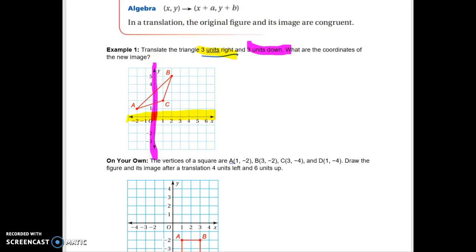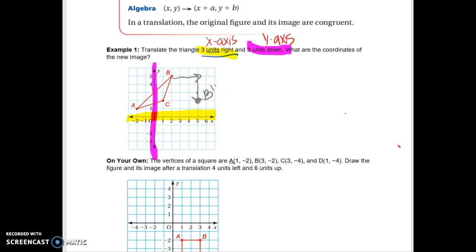So maybe above this, you want to write, this is your x-axis and y-axis. So if I am moving this B point 3 to the right, 1, 2, 3, then I'm moving it 3 down, 1, 2, 3. This is where my new point ends, which is B1.